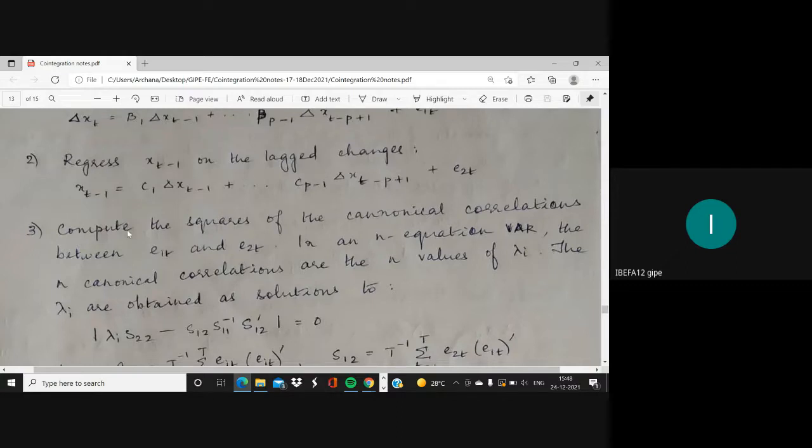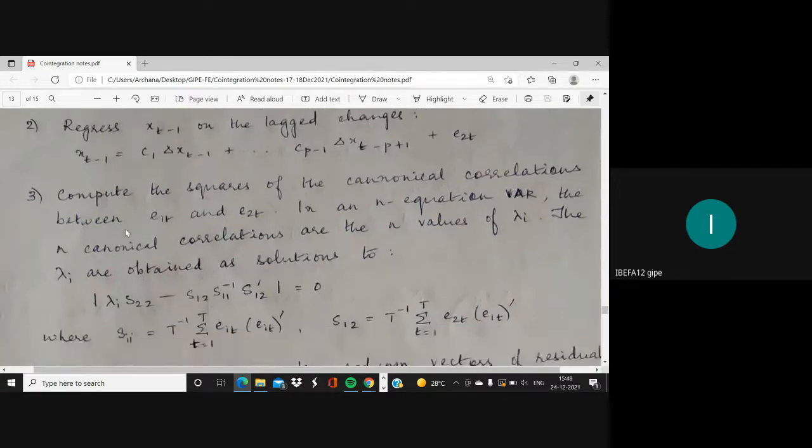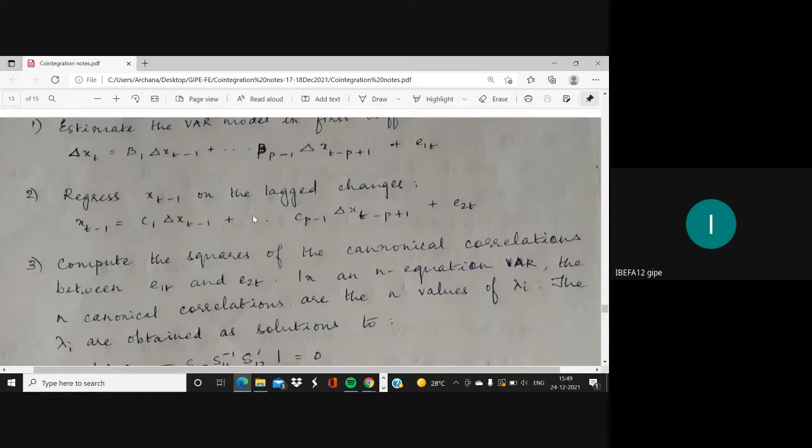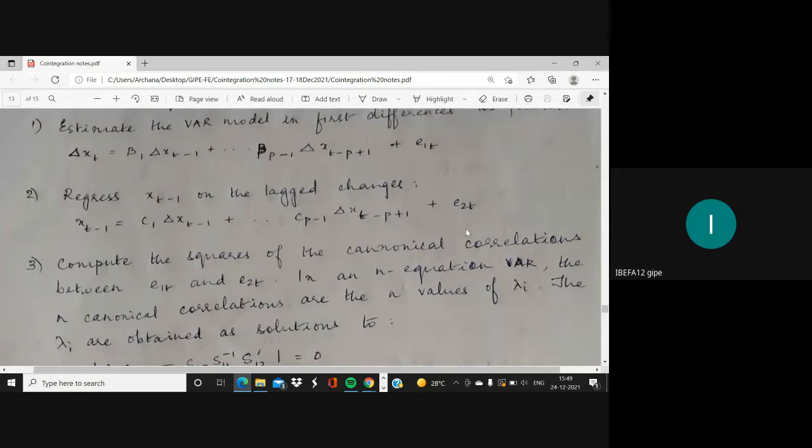Okay? So in the third step, what we need to do is compute the squares of the canonical correlations between e1t and e2t. Once you have extracted the residuals from the first step and the second step, what is meant by canonical correlations is basically you create the cross covariance matrix. What is the covariance between e1t and e2t, these two sets of residuals?